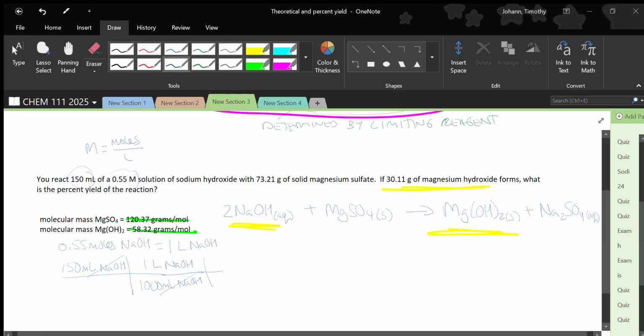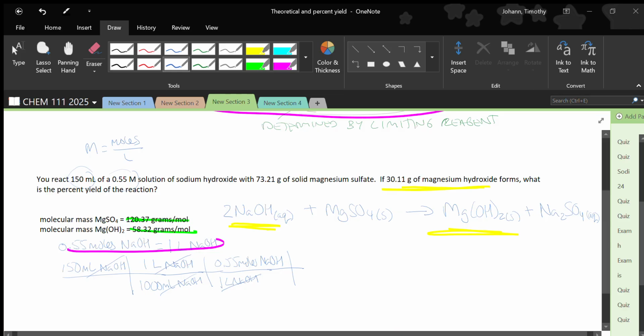Milliliters cancels with milliliters, and so now I've got liters of sodium hydroxide, and I am ready to use this conversion factor right here. So 1 liter of sodium hydroxide is going to be equal to 0.55 moles of sodium hydroxide. Liters cancels with liters, and I've got moles of sodium hydroxide.